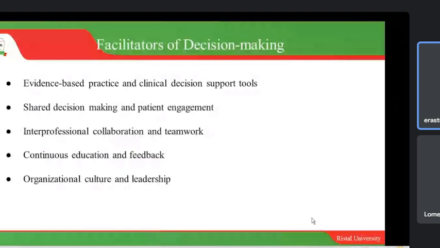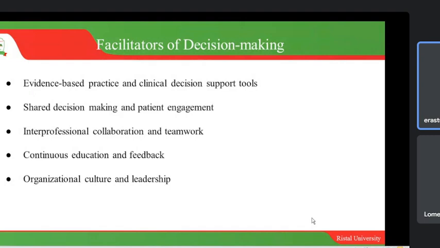Other facilitators include interprofessional collaboration and teamwork. So we need people to come together around the healthcare facilities. If, for example, we are going in for an operation, it's not a one-man activity. So many professionals are involved.